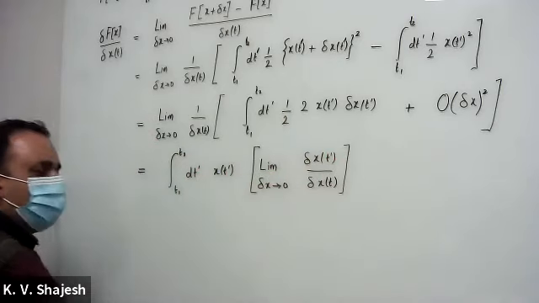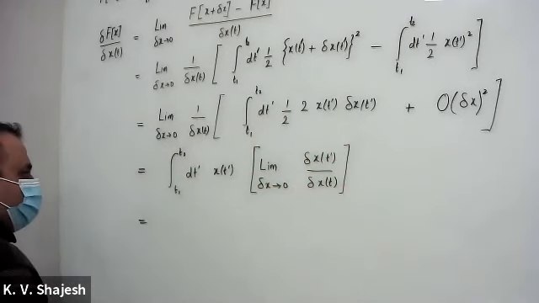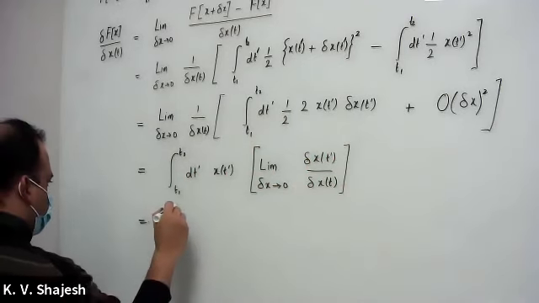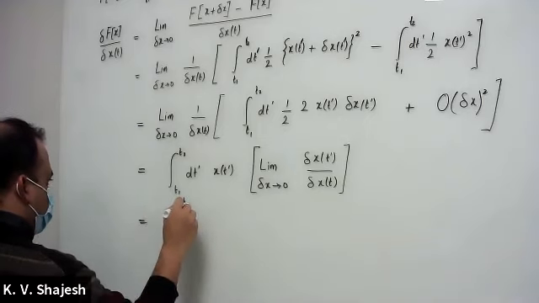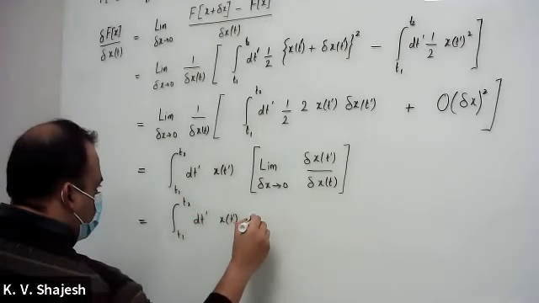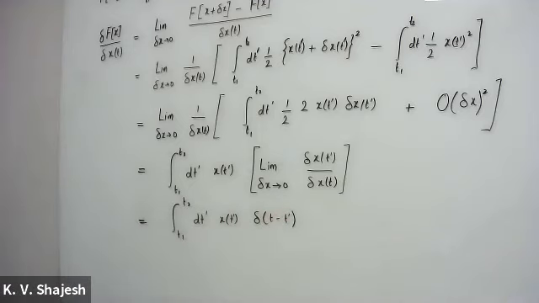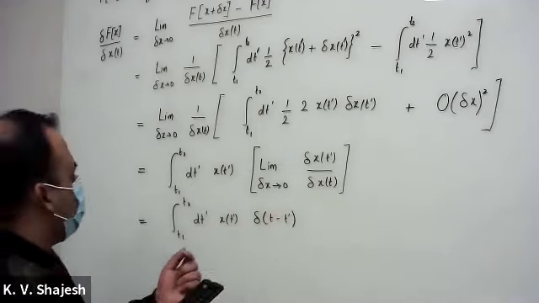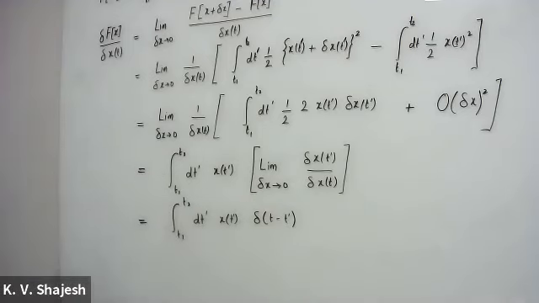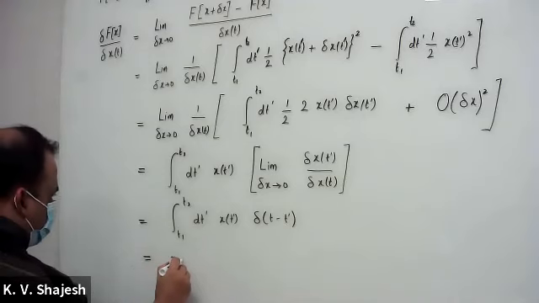But that whole thing is actually 0 most of the time, except when t is equal to t prime, which makes it a delta function. So this is the integral from t1 to t2 of dt prime, x of t prime, and that's a delta function. Again, here we have also used the fact that at t1 and t2 there is no variation in delta x. That sometimes gives non-trivial features, which we will see later on. And this is just equal to x of t, exactly like what we predicted.